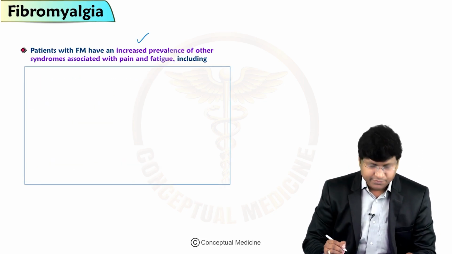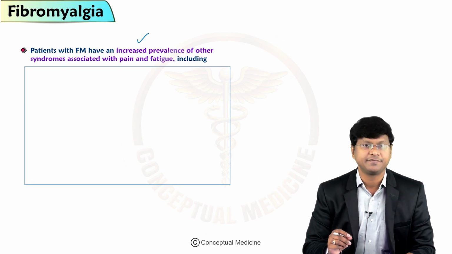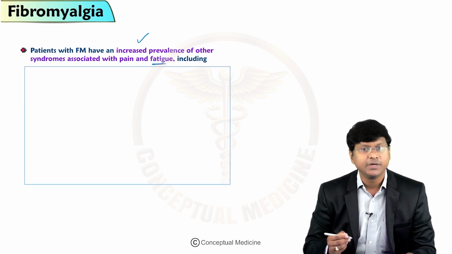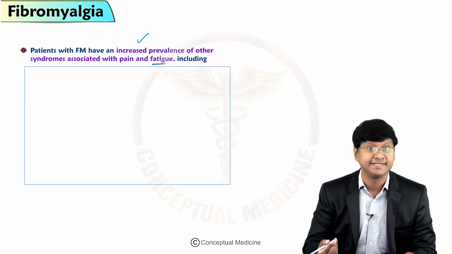So these are the associated manifestations, and apart from that, patients with fibromyalgia have an increased prevalence of other syndromes associated with pain and fatigue. Now, what are those associated syndromes?